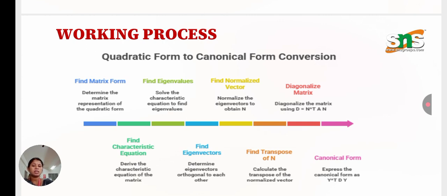If it satisfies the condition, we move on to the next step, diagonalization, that is D equal to N transpose A N. Then we go to the last step, the canonical form with the formula Y transpose D Y. The canonical form is represented by Q. Likewise, from the quadratic form by orthogonal transformation we move to a canonical form.